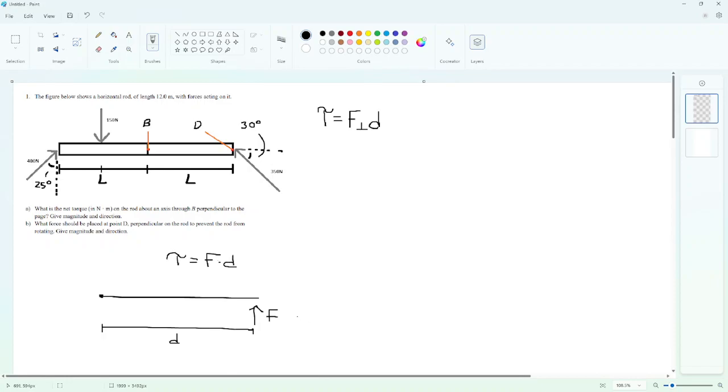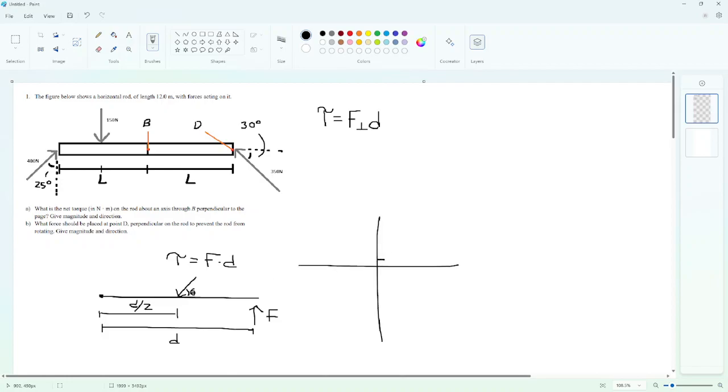Now, if the force is at an angle, such as this one right here or this one over here, then we have something different going on. I'll say this is half d. If we have this angle right here, we're going to need the part of the force that is perpendicular to the distance, which is going to be this part. Not this part, because this part is not perpendicular. Perpendicular always looks like this.